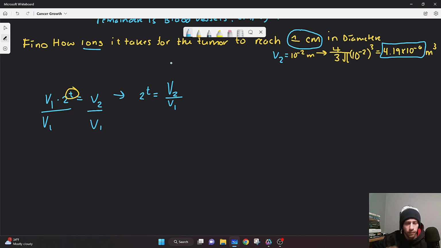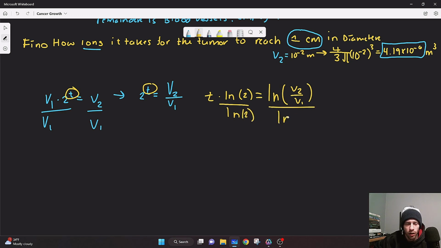And then we can use our logarithmic properties to solve for t. We can push that t to the side and get t times the natural log of 2, and that is equal to the natural log of V2 over V1. And then we divide both sides by the natural log of 2 to isolate the t, which is what we want.